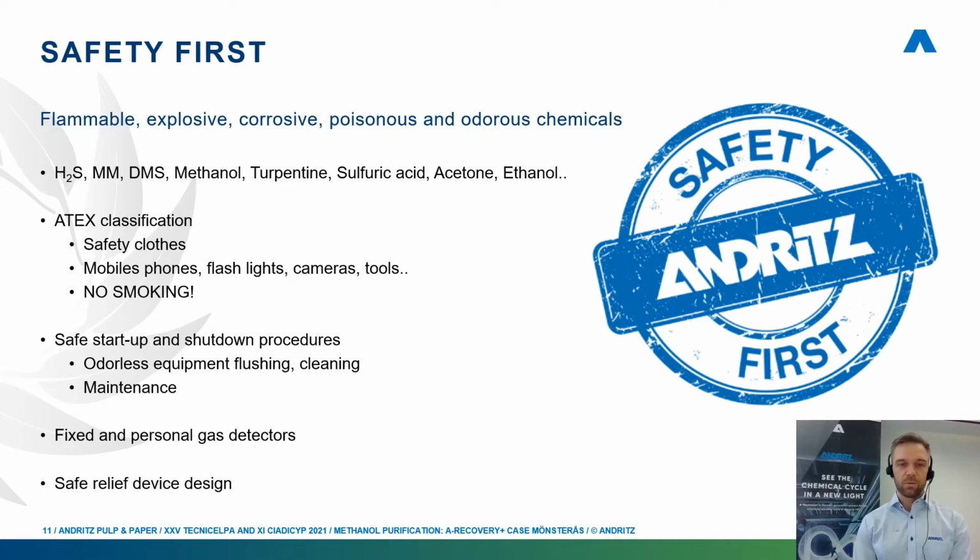In case something would go wrong, it's of course a very rare occasion, but if, for instance, let's say a relief valve is opening, you must ensure that you don't release any relief fluids directly to atmosphere. You must be able to handle those in a safe way. But when you take these aspects into account in a design phase, you can design a very safe and easy to operate plant.